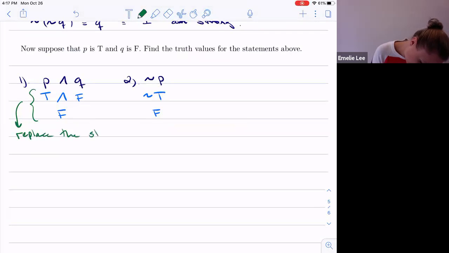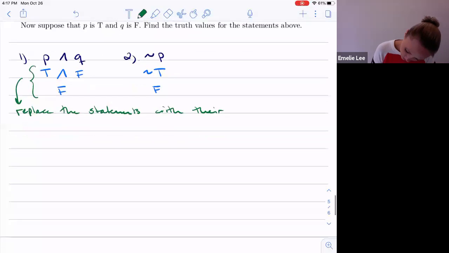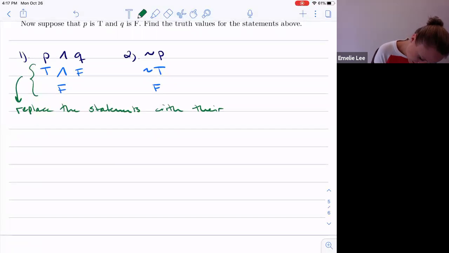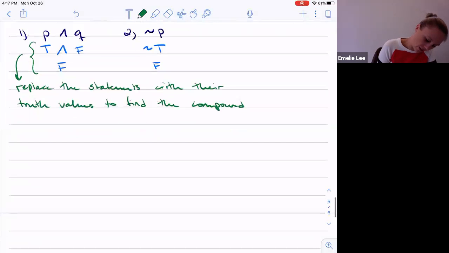Replace the statements with their truth values to find the compound statement truth value.